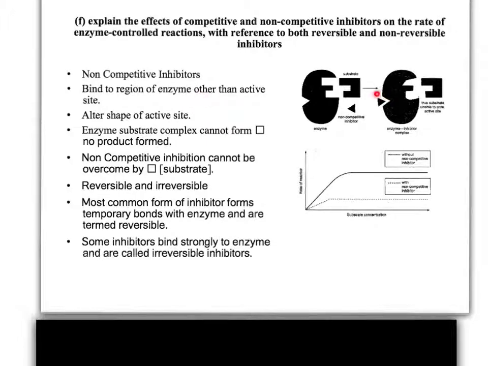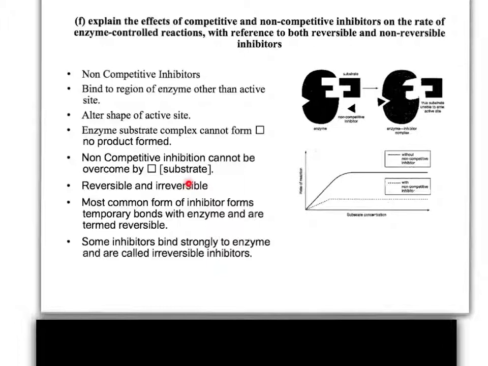In this diagram, this is a non-competitive inhibitor binding to this enzyme, but not in the active site region. The result is that it alters the shape. The active site normally looks like that, and the binding of the non-competitive inhibitor has resulted in a change in shape. As a result, the substrate can't bind to the active site. Unlike competitive inhibitors, we can't overcome this by adding more substrate, and I'll explain that in a minute.